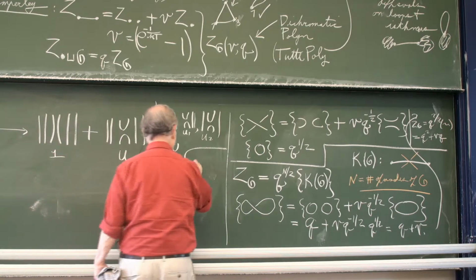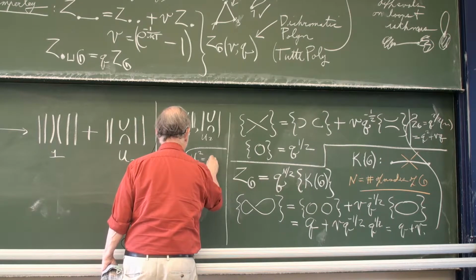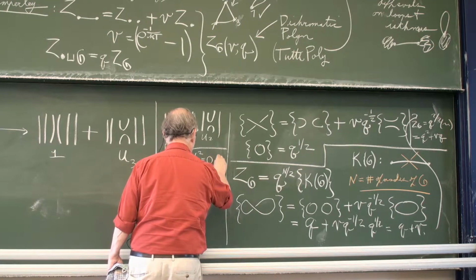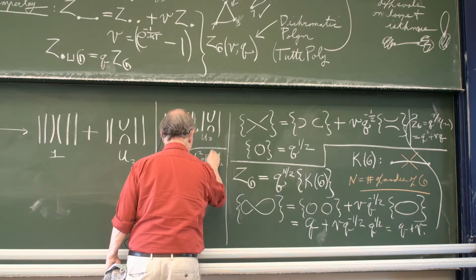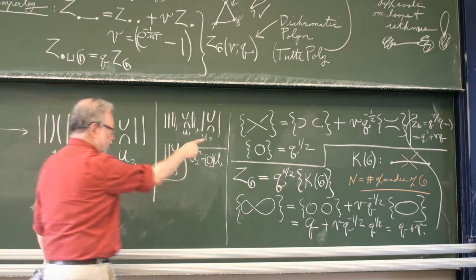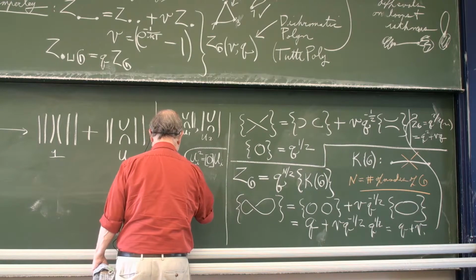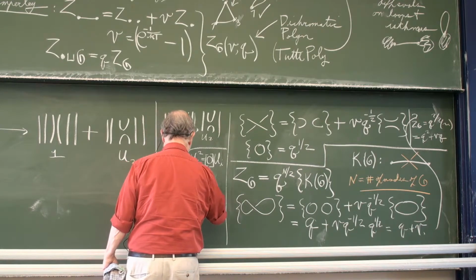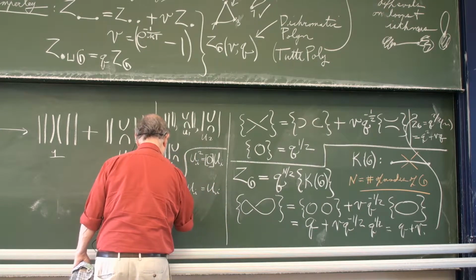So for example, U_i squared is equal to the value of the loop multiplied by U_i, and the value of the loop depends on where you want to be. Like in this case, it would be q to the 1/2, and then you have that U_{i+1} U_i U_{i+1} is equal to U_{i+1}, and that comes about because of this bit of topology here.